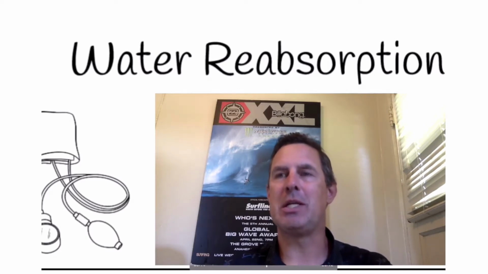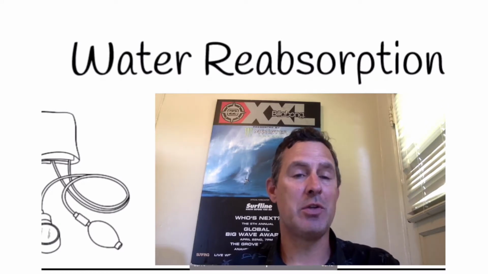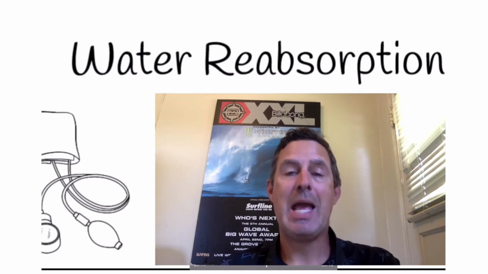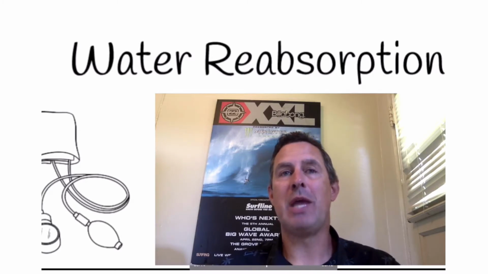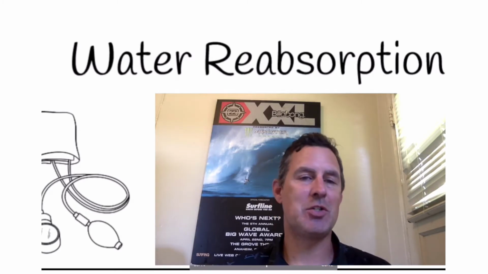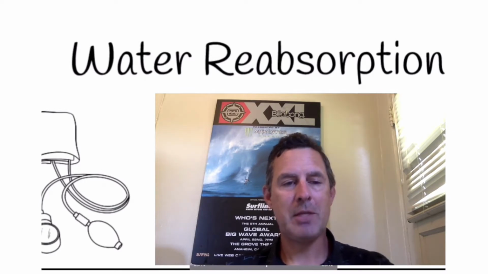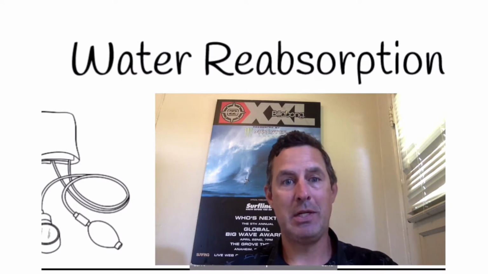Water reabsorption is important for maintaining concentrations of ions within our extracellular fluid and our intracellular fluid, and it's significantly important in maintaining blood pressure. Without proper blood pressure, we have inadequate perfusion of oxygen, nutrients, hormones throughout our body. So it's really about retaining water when we need it.